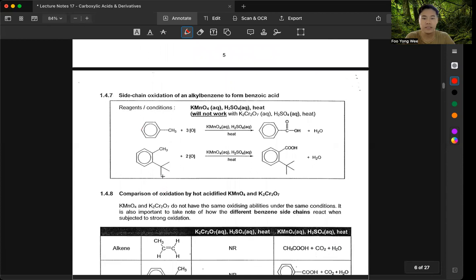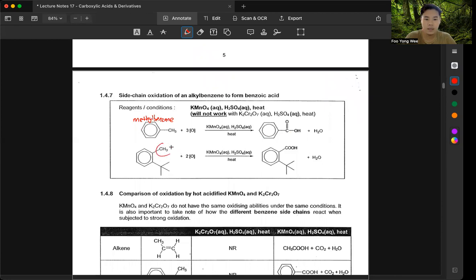You can also, if you want to form benzoic acid, start from methyl benzene. So this is methyl benzene. Then you can convert it to benzoic acid.